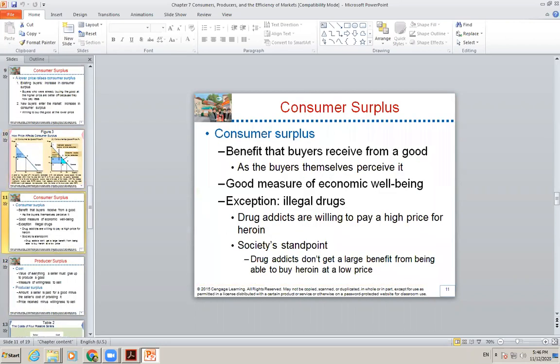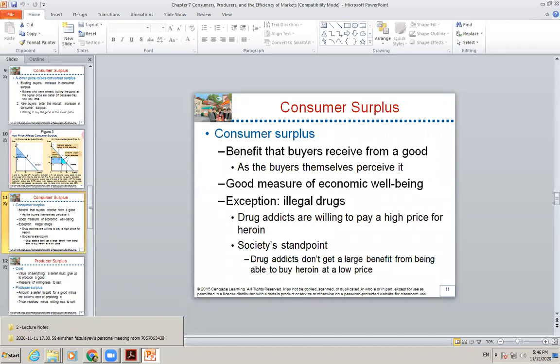So it is the benefit that buyers receive from a good as the buyers themselves perceive it. So it depends on perception. If you perceive the maximum price you're willing to pay for the iPhone 12 is like $1,500 and you just paid an actual $1,200, your consumer surplus will be $300.